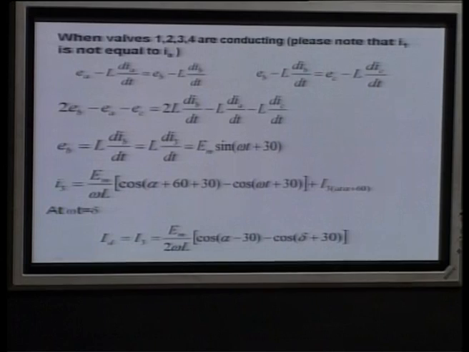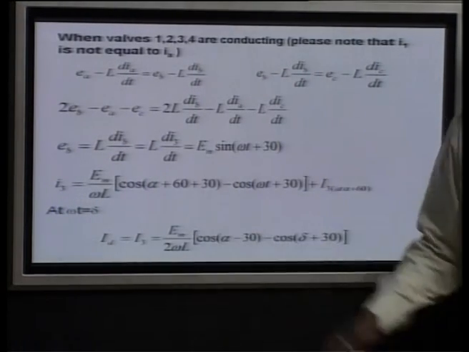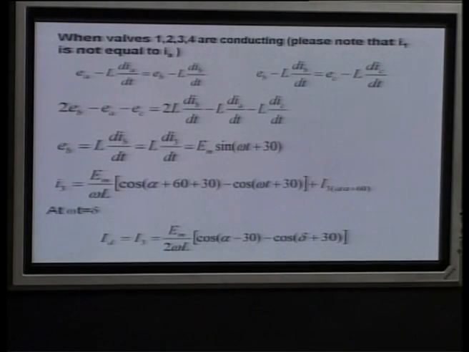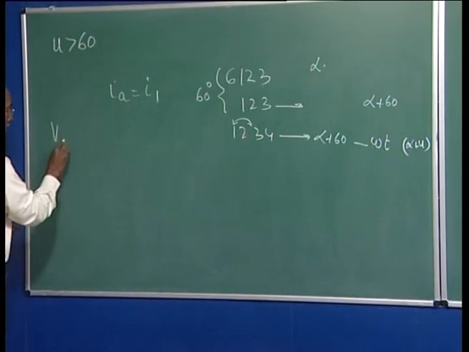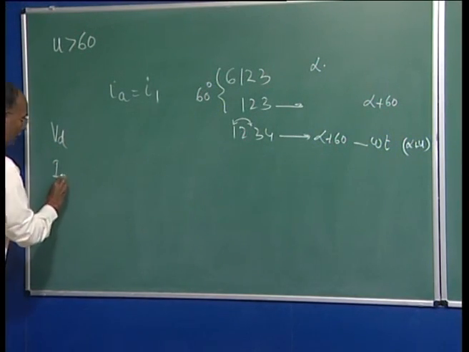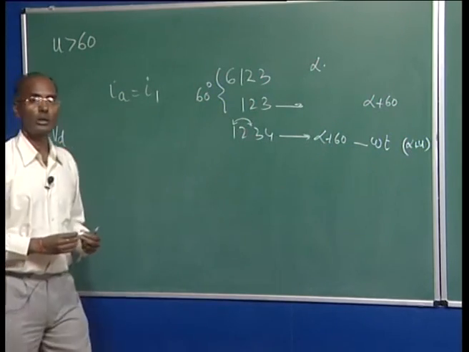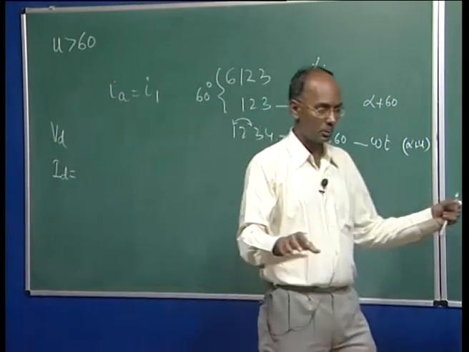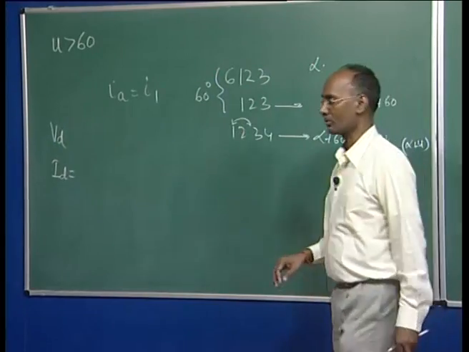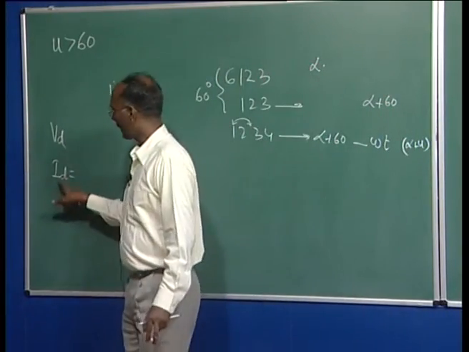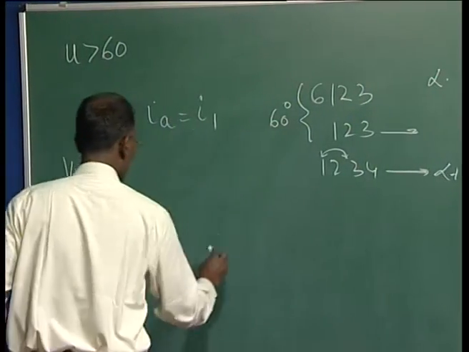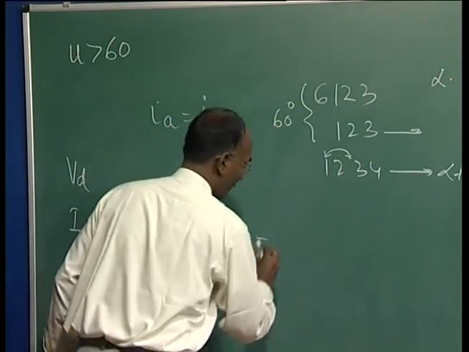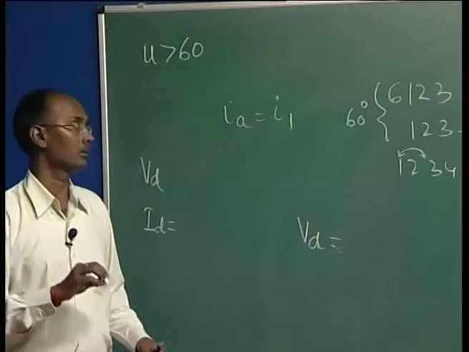Now, once again, in this case when u is greater than 60, we got two expressions, one for the voltage and another for I D. Here also we want to eliminate the u term, because u varies depending on system conditions, but I D is maintained and V D we are controlling. So, we want to write the expression for V D as a function of I D, like the previous one we defined.